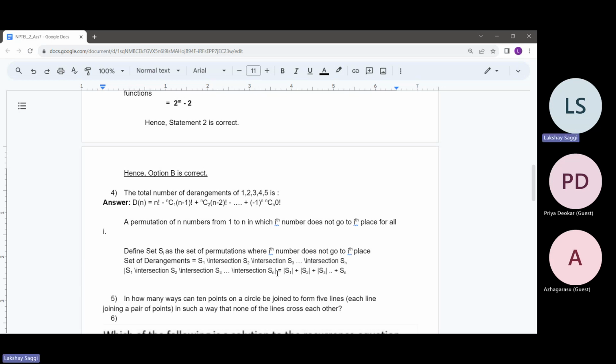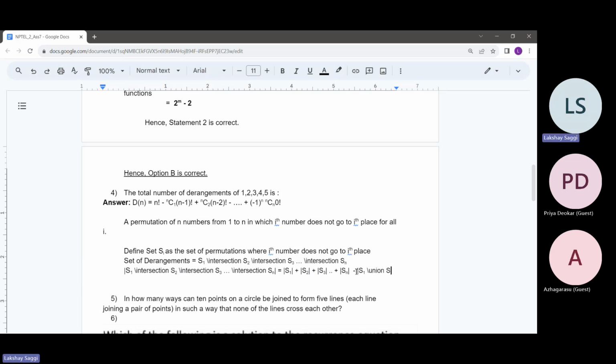So to find the size of the sets S1 intersection S2 up to Sn, we can just sum the sizes of these, but we must have overcounted a lot of things while doing this. So after adding size of S1 plus size of S2 up to size of Sn, we can subtract the sizes taken two at a time.